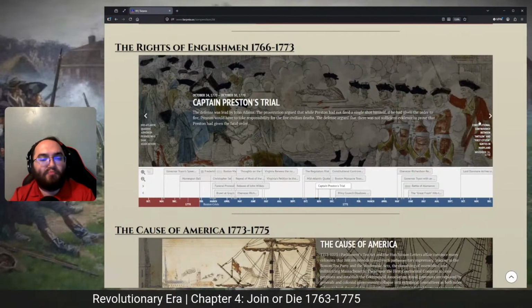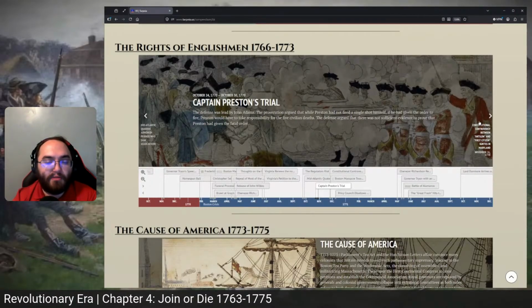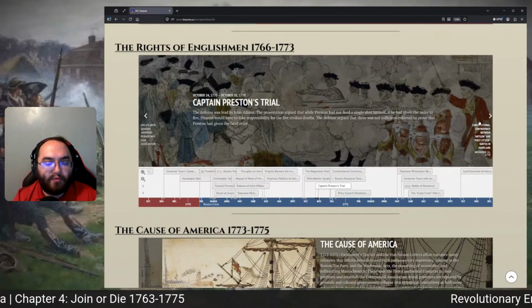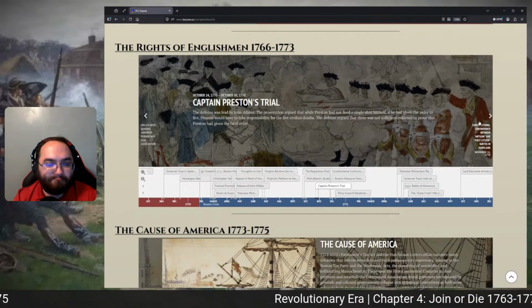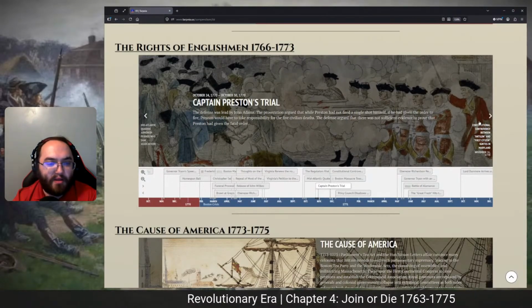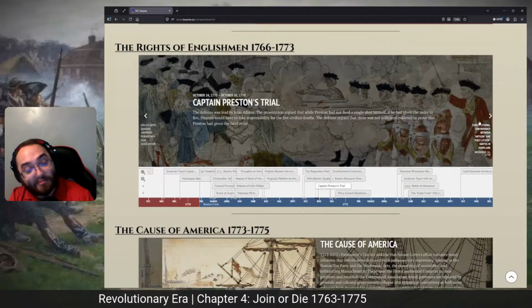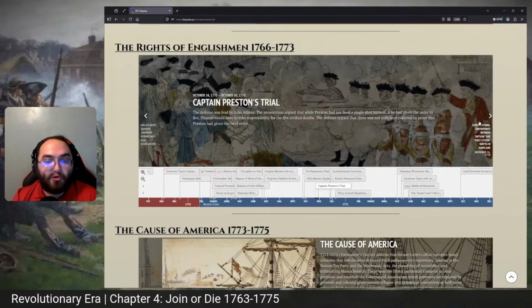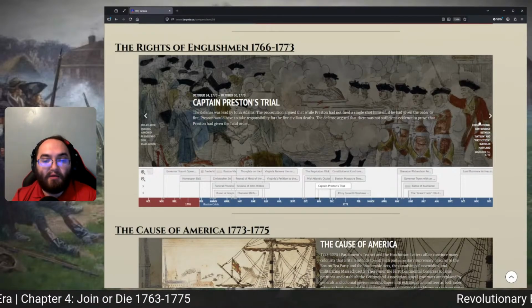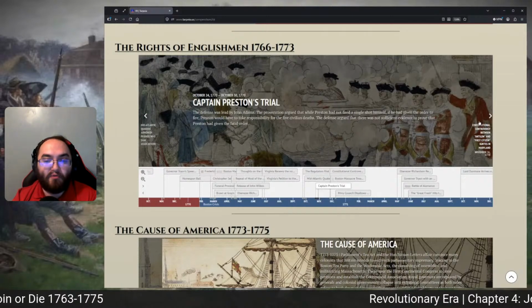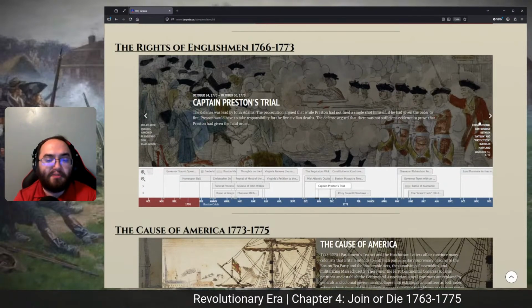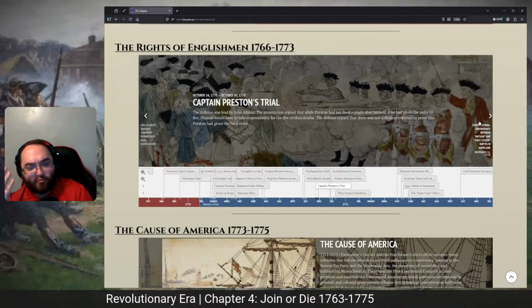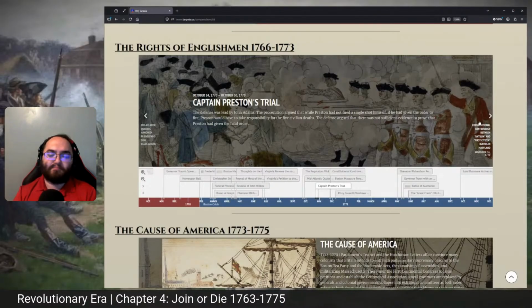And then you have Captain Preston's trial. Captain Preston was the leader of the soldiers during the Boston Massacre, and so the trial will last about a week, and the defense was led by John Adams. The prosecution argued that while Preston had not fired a single shot himself, he had given the order to fire. Preston would have to take responsibility for the 5 civilian deaths.